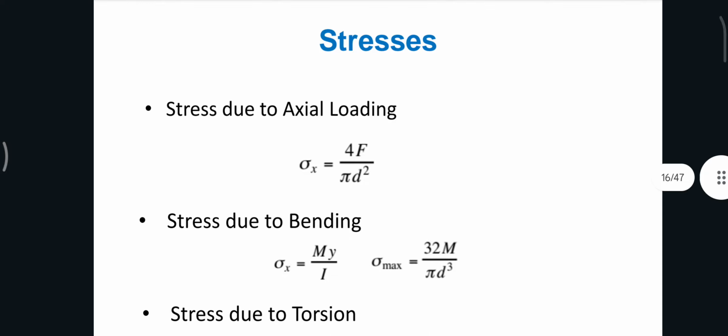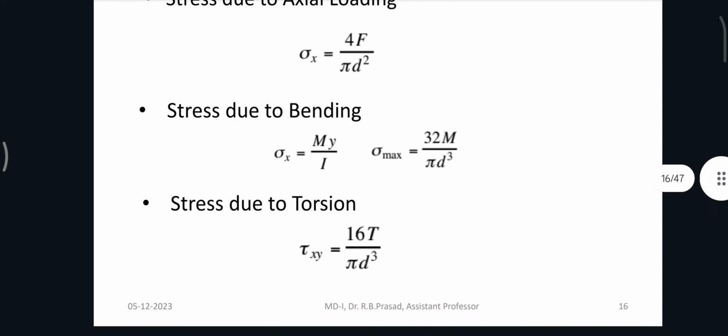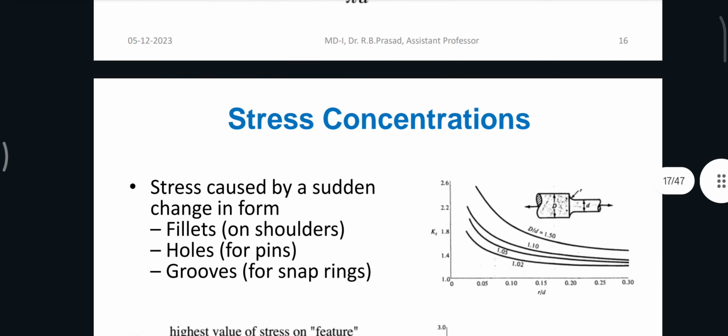Stress: stress due to axial loading, sigma x equal to 4A by pi d square. Stress due to bending, sigma x equal to M y by I, sigma max equal to 32 M by pi d cube. Stress due to torsion, tau xy equal to 16 T by pi d cube.